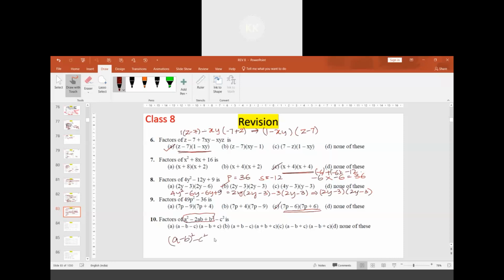This is to be considered as one group. Now it is like x square minus y square, which will be x plus y into x minus y. So a minus b plus c is one factor, and another is a minus b minus c. Option A is correct. Very good.